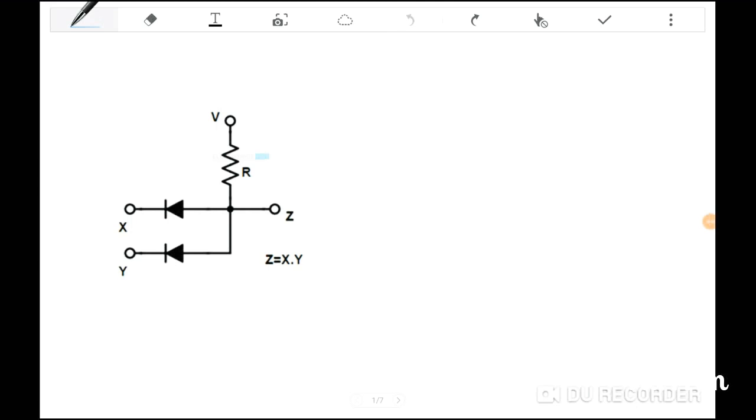So today's tutorial will be all about the second categorization of the simple diode logic gate, that is, any guesses? Yes, the AND gate. That's correct. Today's video will be completely emphasizing this particular topic, the AND gate.